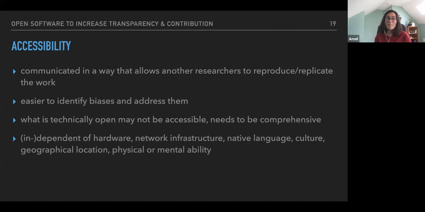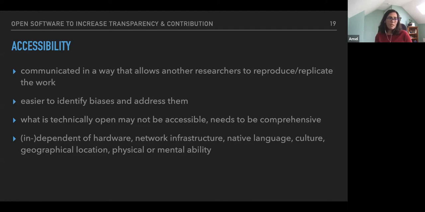Making tools available and accessible means communicating them in a way that allows reproducibility and allows others to replicate the analysis we're doing and identify potential biases or adapt to a certain context.